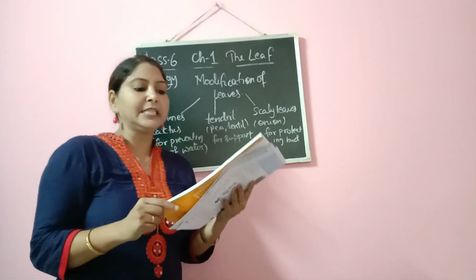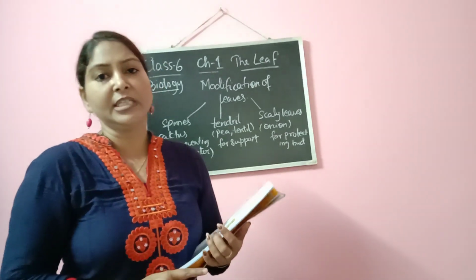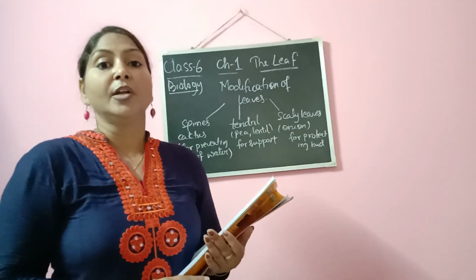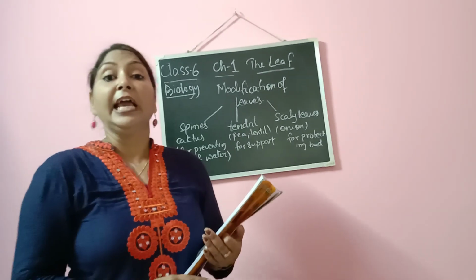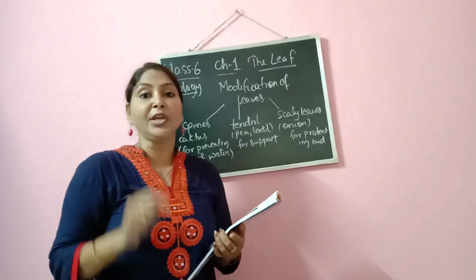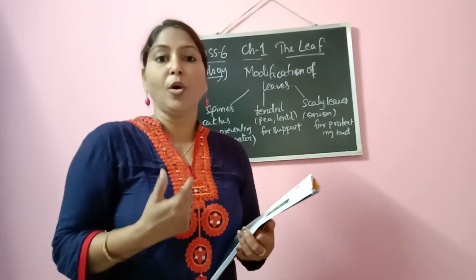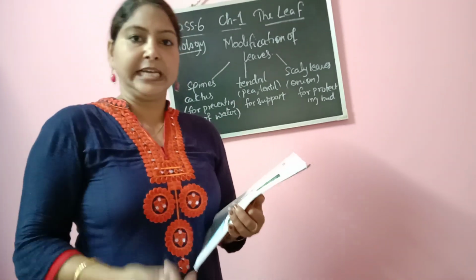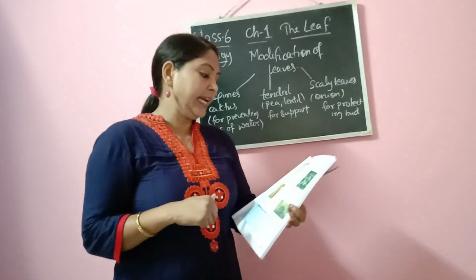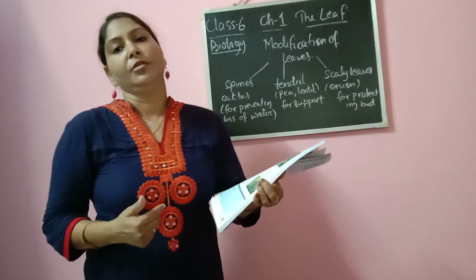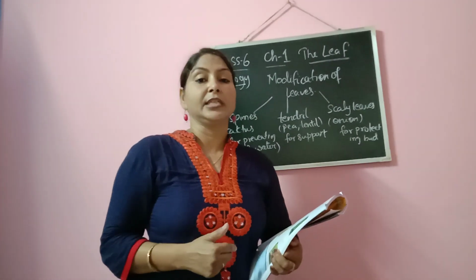So what type of nutrition do these kinds of plants have? They do not have autotrophic nutrition, they have heterotrophic nutrition. That means they feed on insects in order to get their nutrition. And so they are called insectivorous.